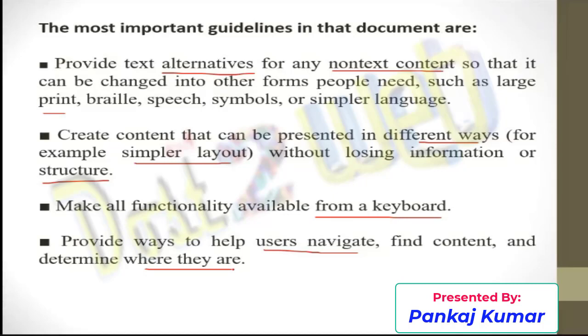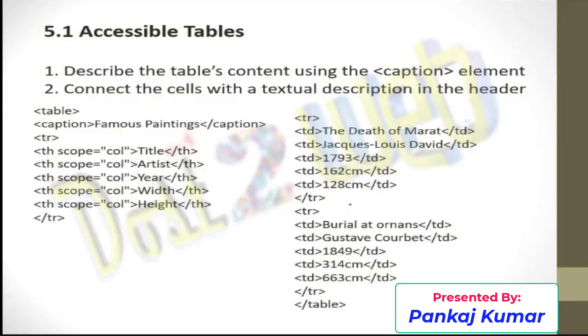You can easily navigate from one menu to another, and on the website also you can easily navigate, right? And you can find the content easily. You will have a search box to search within the website itself, and you can find out even where you are, what page you are visiting. This was the important consideration for WAI.